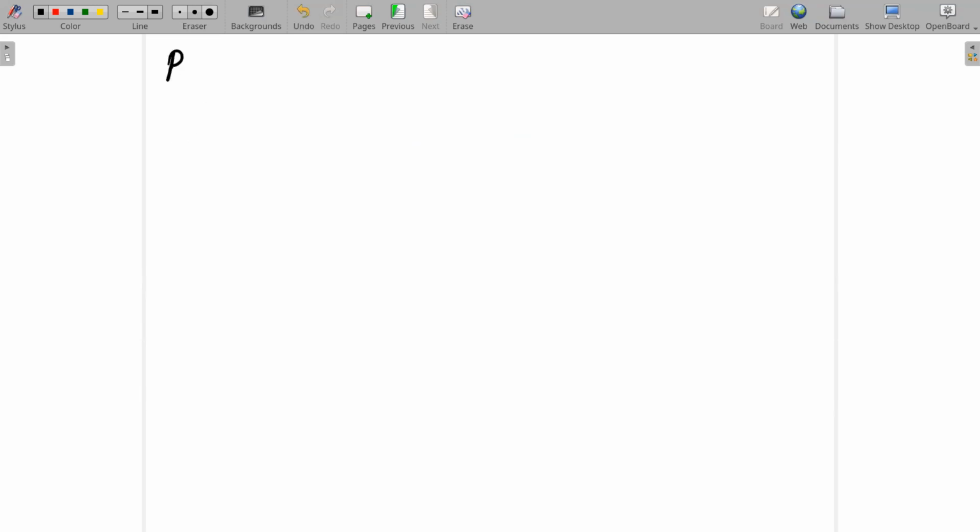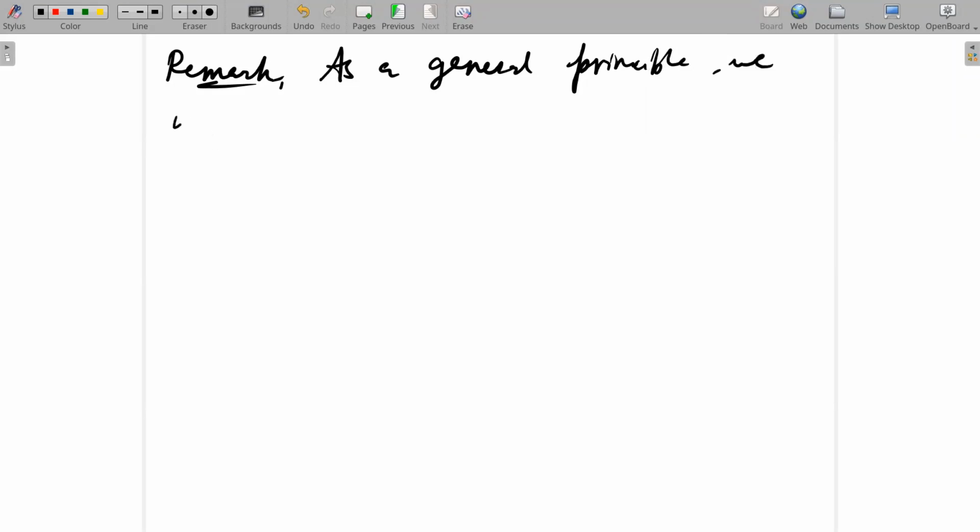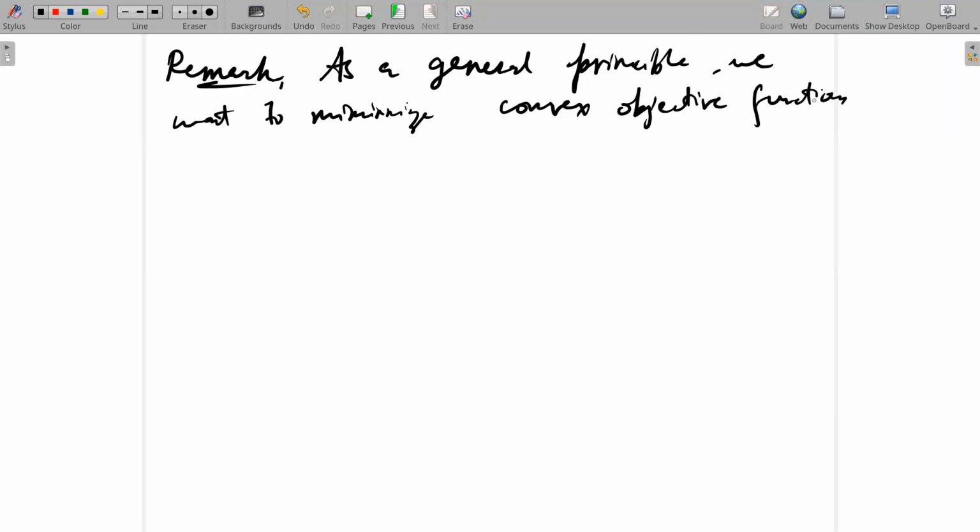So, remark. As a general principle, we want to minimize convex objective functions on a convex decision space.